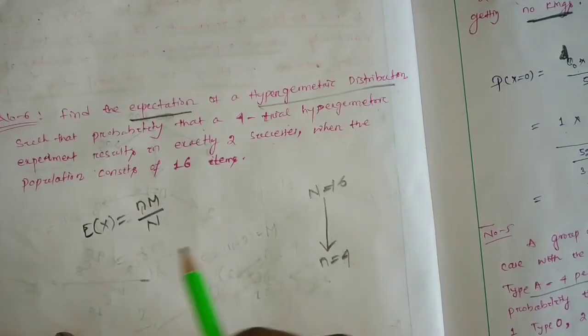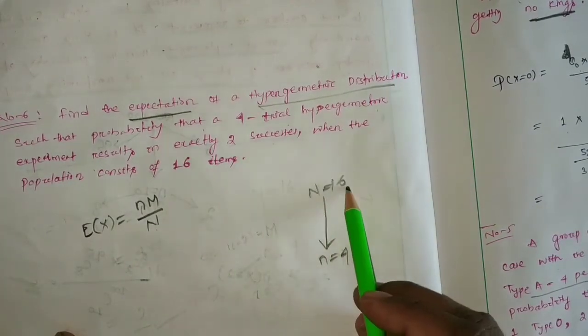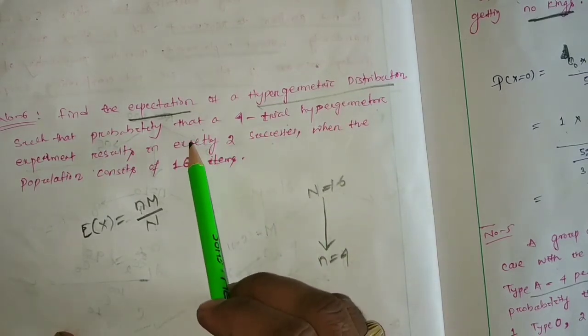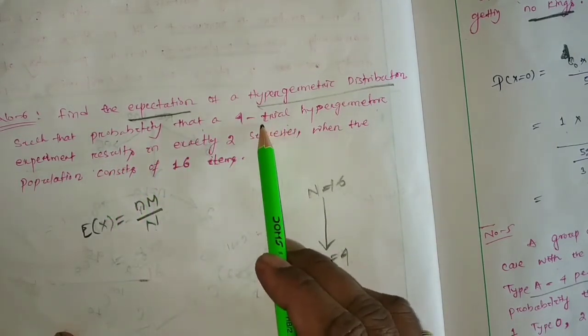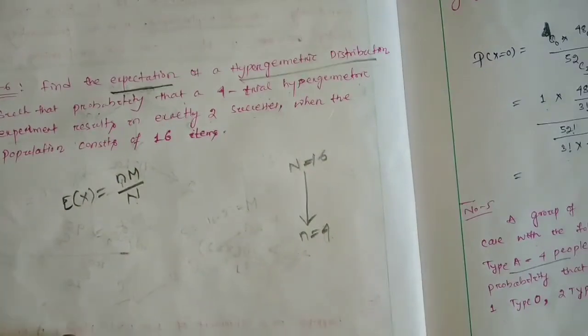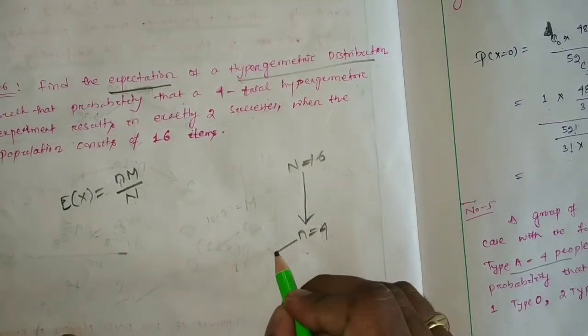Here capital N is 16 and small n is 4. Among the 4 trials, exactly 2 successes, so x equal to 2.